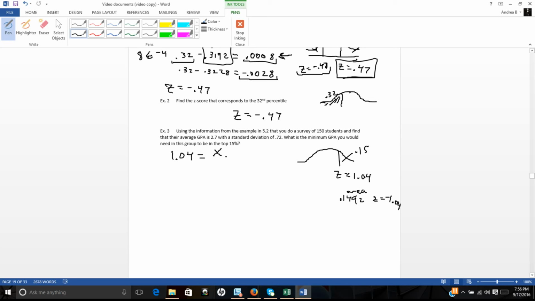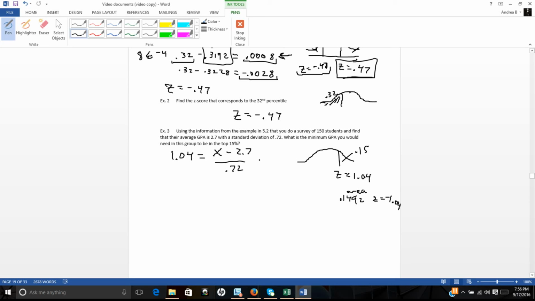So remember, that's labeled as x. And then we can subtract the mean, once again, divided by the standard deviation, just like we did in the last section whenever we were doing this. But instead of knowing the value for x at this time, we know the value for the z-score, and we're trying to solve for x.